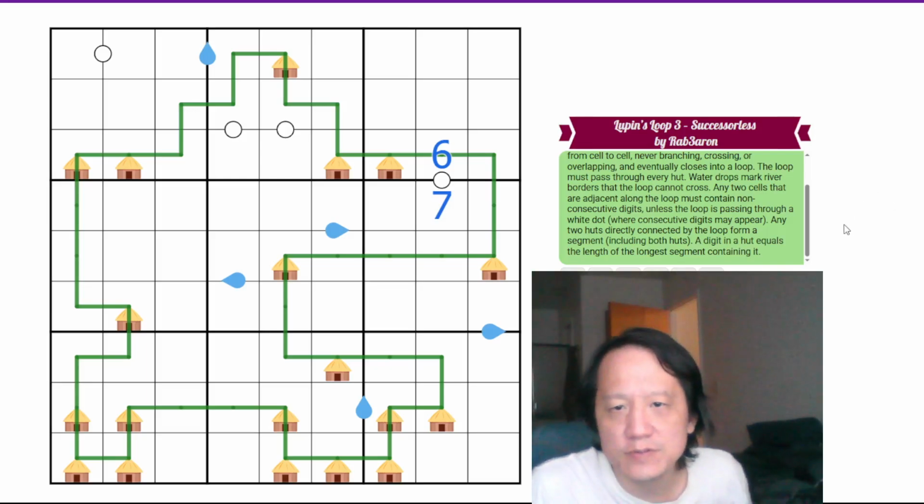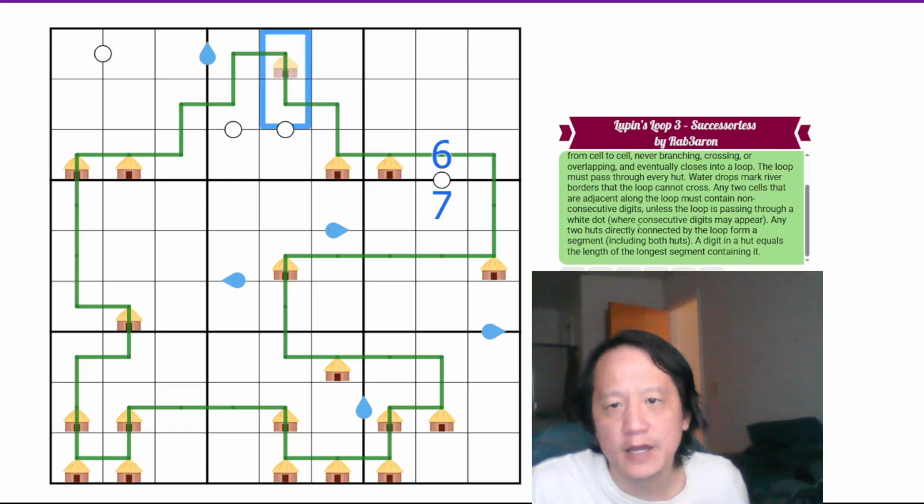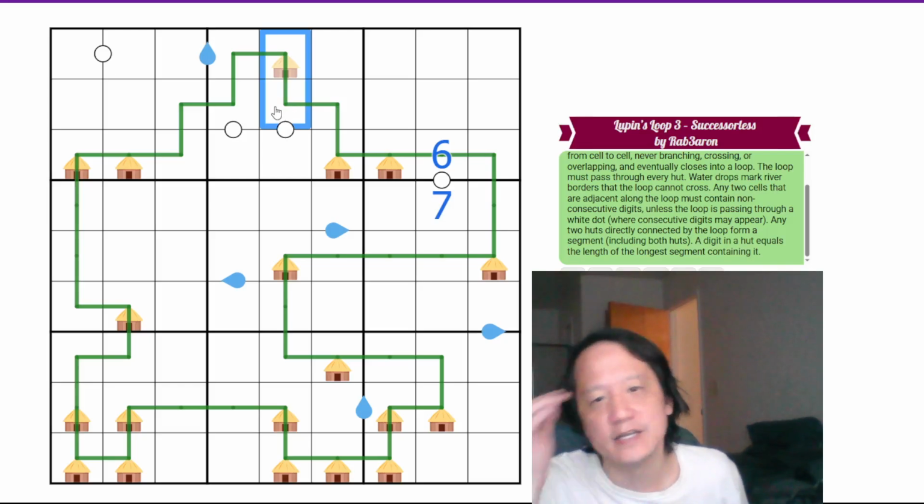So, okay. No two digits that are adjacent on the loop can contain consecutive digits, or they must contain non-consecutive digits.